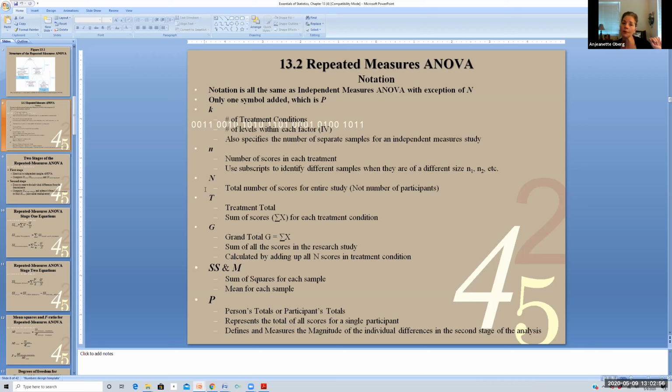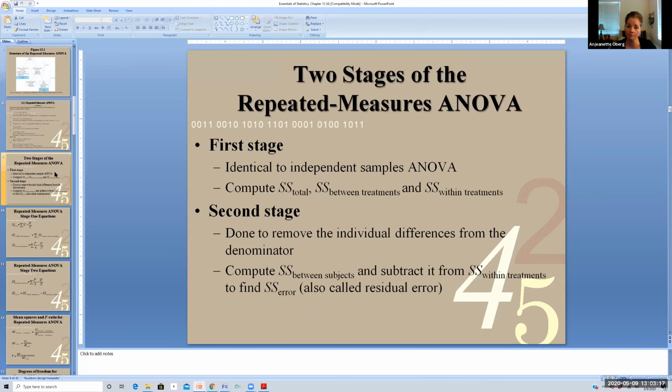So if you have 10 participants, you have scores 1 through 10 for measurement A, then scores 1 through 10 for measurement B, and then scores 1 through 10 for measurement C. That's a total of 30 scores, even though we only have 10 participants, okay? So those are the only two differences. Other than that, all the other notation is the same.